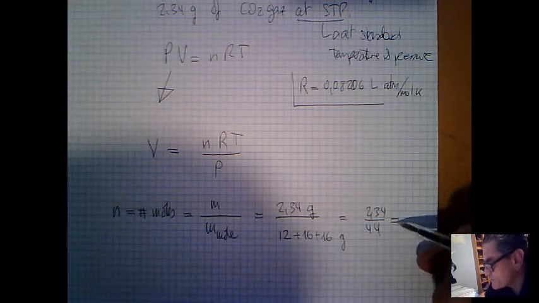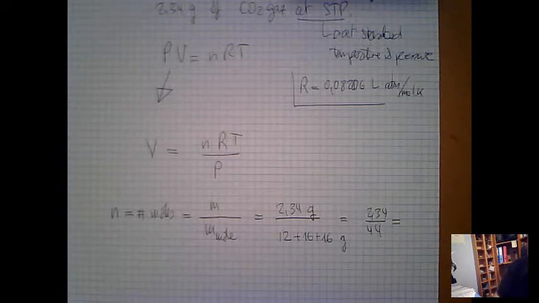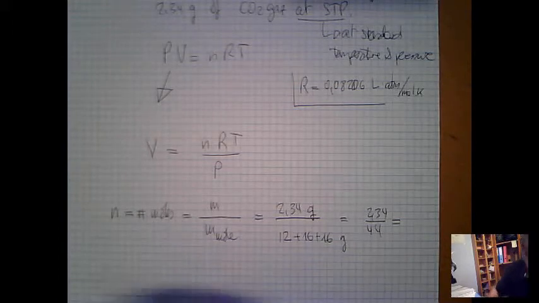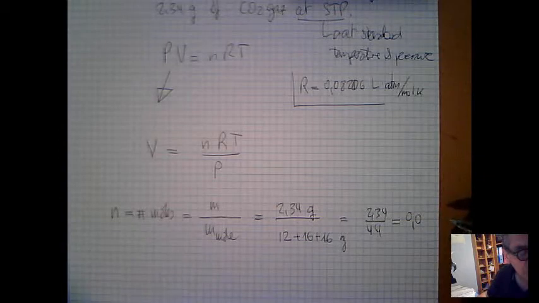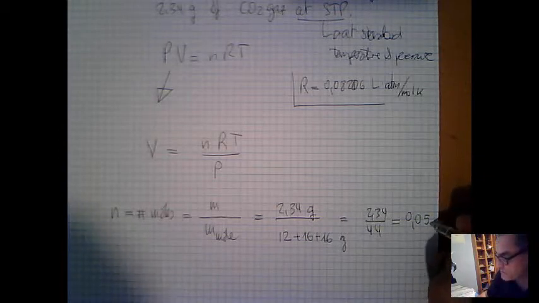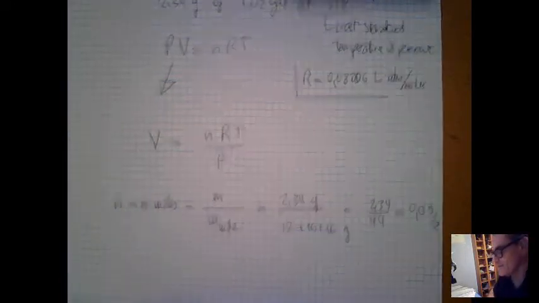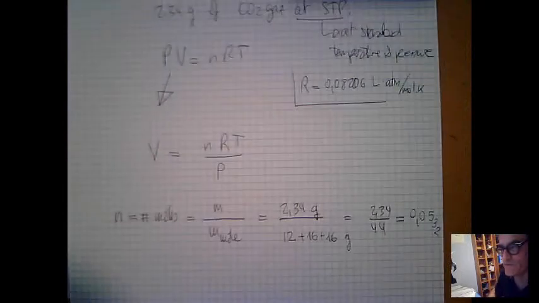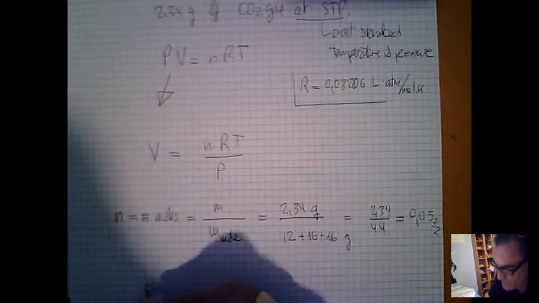So this will give us the number of moles, which is 2.34 divided by 44, which is 0.0532. Sorry, I didn't have space. The number of moles is 0.0532. Right. And now we can compute our volume.